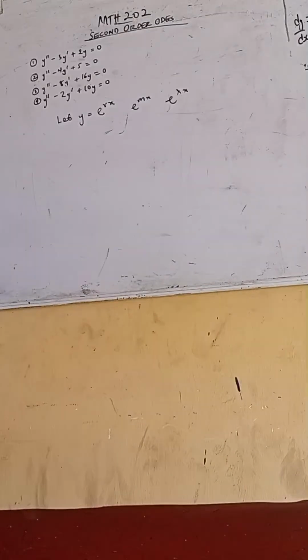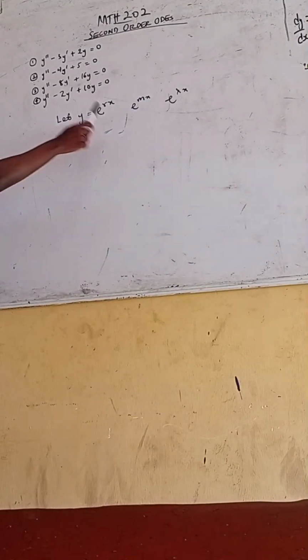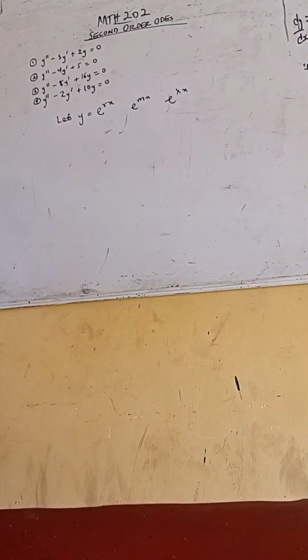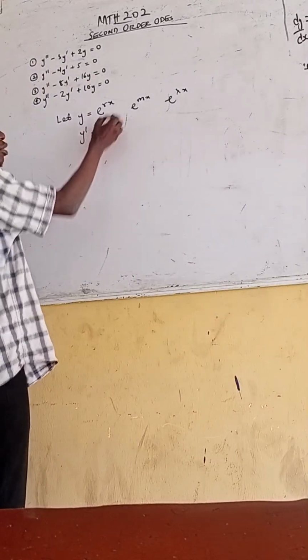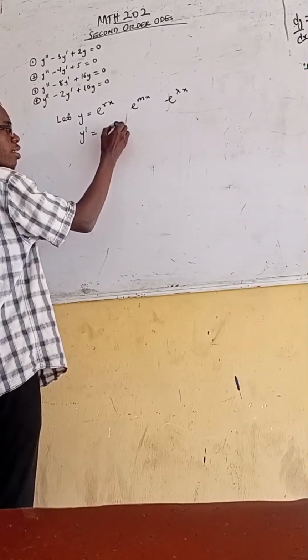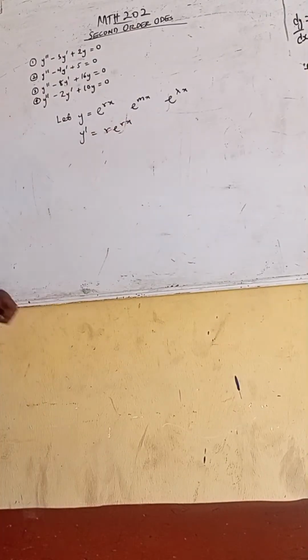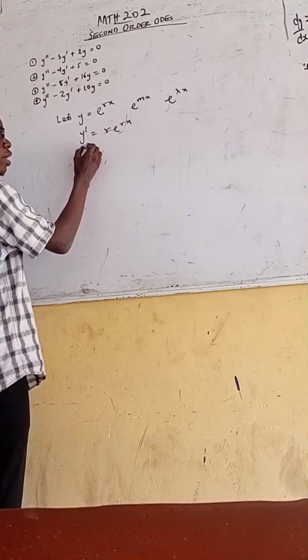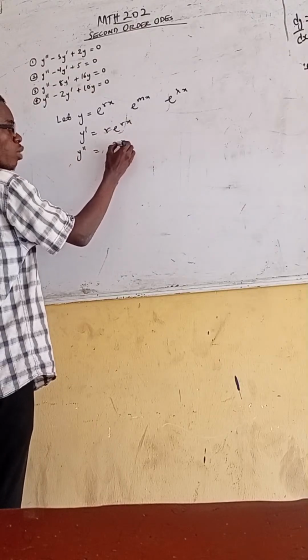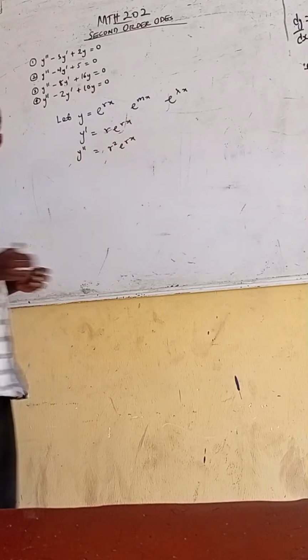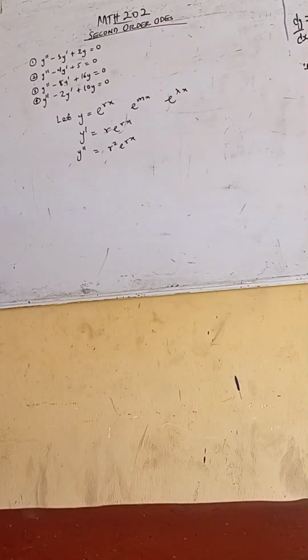y equals e raised to power rx. I prefer using rx, but you can see it in any of these forms. If y equals e raised to power rx, it means y prime is r e rx, and y double prime, second order, is r squared e rx. Now let's solve the first one using this.